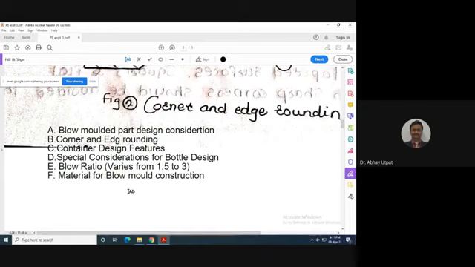For your kind information, the material for blow molding or any mold is usually non-ferrous alloy or steel. In case of blow molding, aluminum alloy and copper alloys are normally used along with steel. I repeat once again, aluminum alloy and copper alloys are used along with steel.